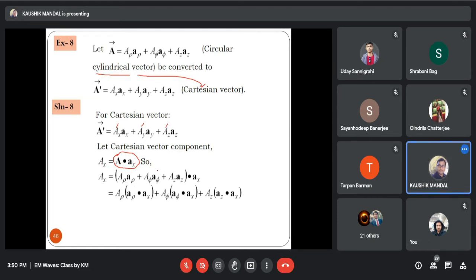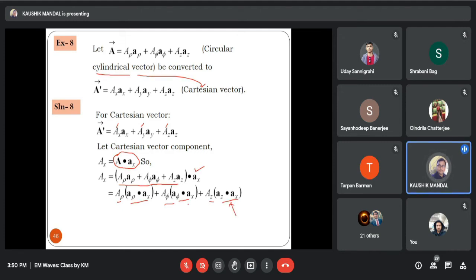So that is done. Vector a is written in cylindrical form. It is dotted with the unit vector ax. So simply, a rho, a phi, a z, these are common factors out of the bracket. So it becomes simply a rho dot ax, a phi dot ax, a z dot ax.